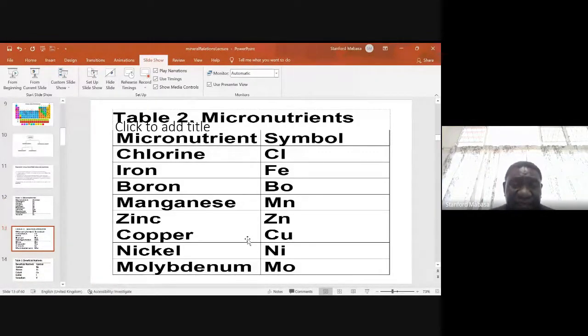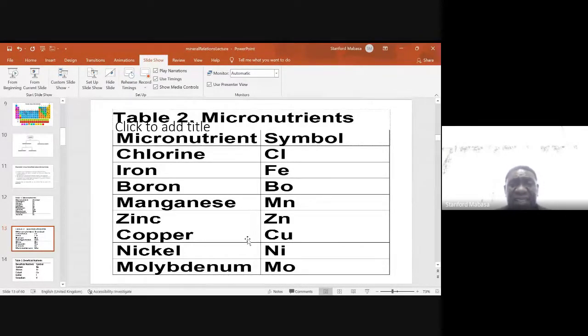On the other hand, we do have micronutrients. I will discuss these later on, these micronutrients. But anyway, we need to know that chlorine is one of them, iron, boron, manganese, nickel, and molybdenum.